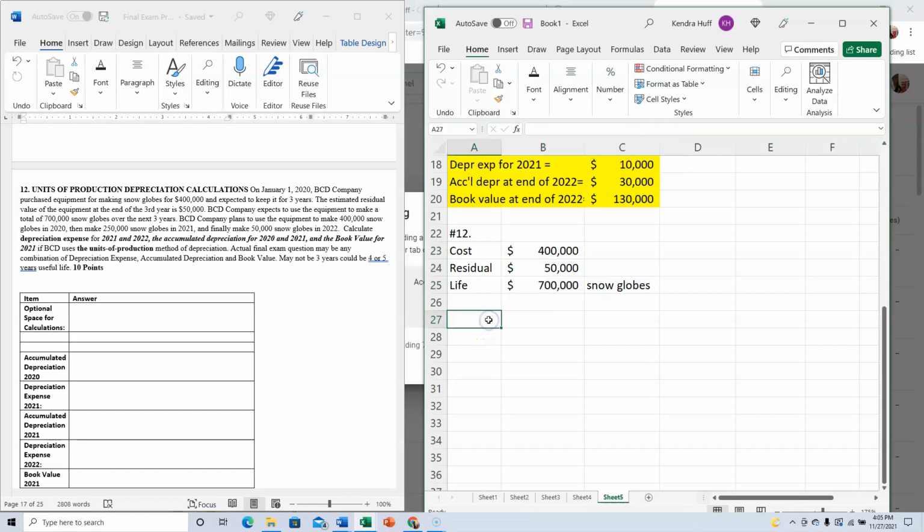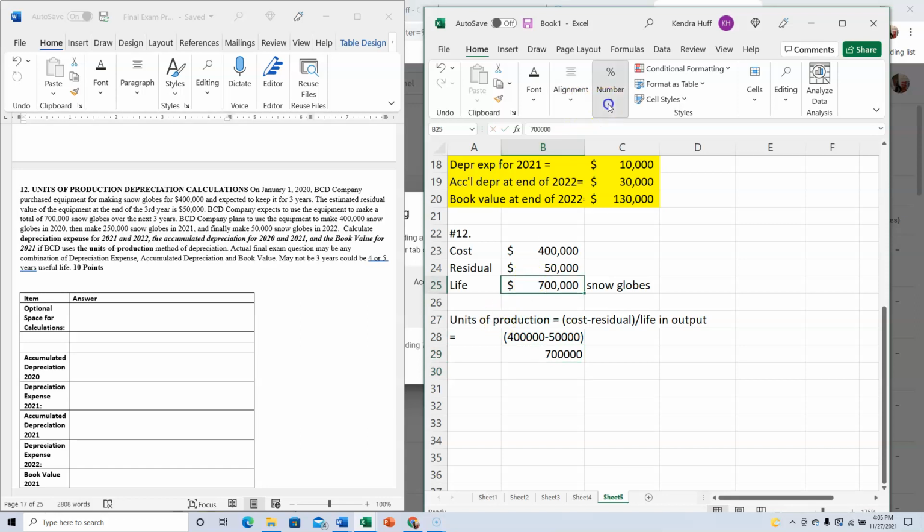Okay, so units of production is like straight line. It's cost minus residual, but it's divided by life in output or production. All right, so for us, it's going to be 400,000 minus 50,000 divided by 700,000 snow globes. Let me get rid of this.